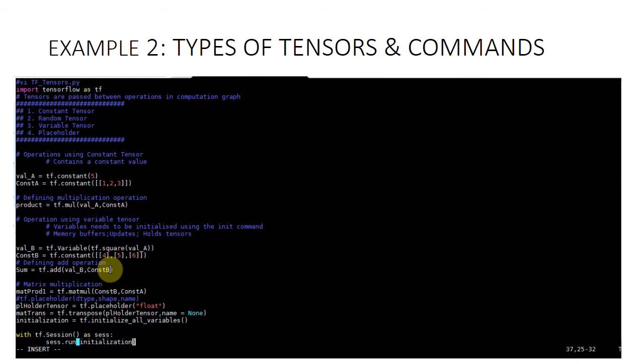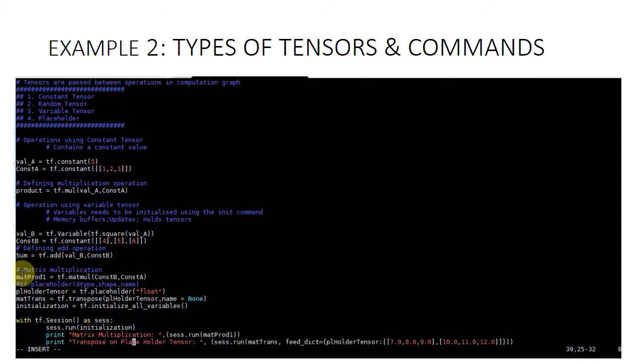So now you can understand that you can even do an operation between these different types of tensors as well. In this line I am creating a node, mat_prod1, and I'm defining the operation of matrix multiplication between the constant tensors const_b and const_a.